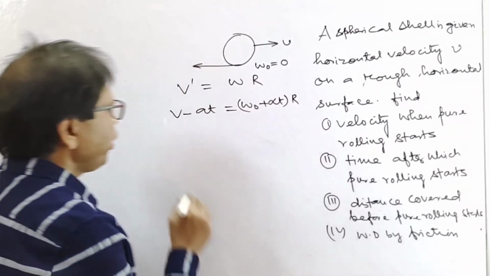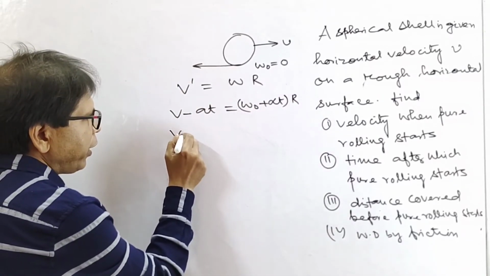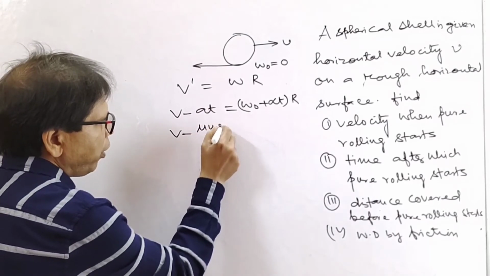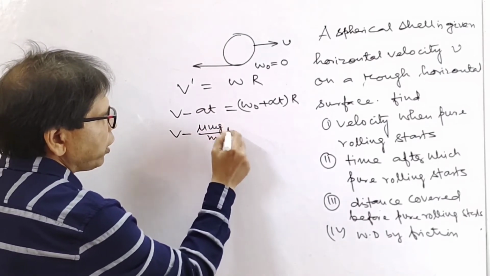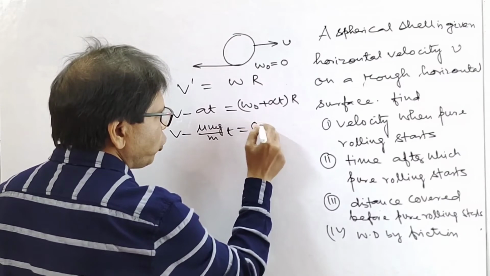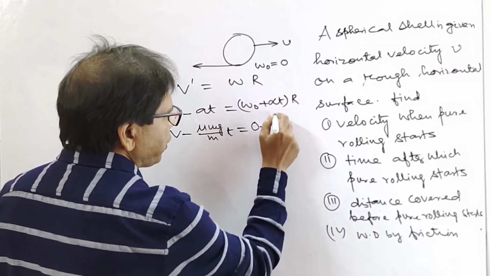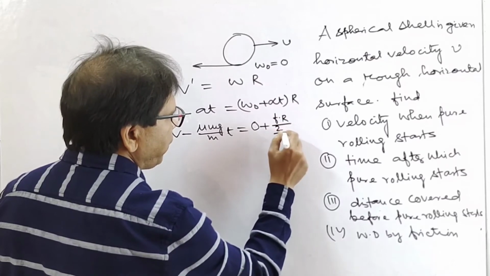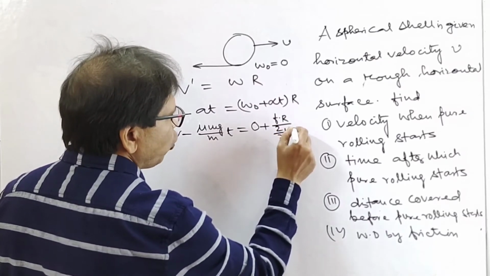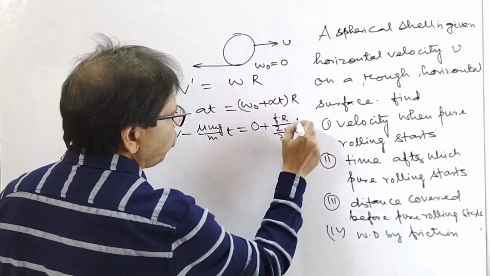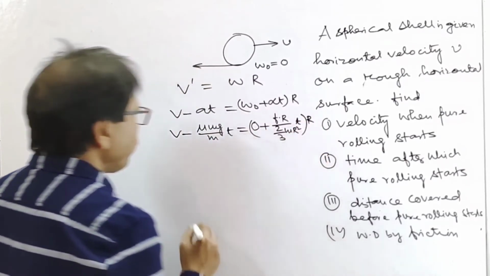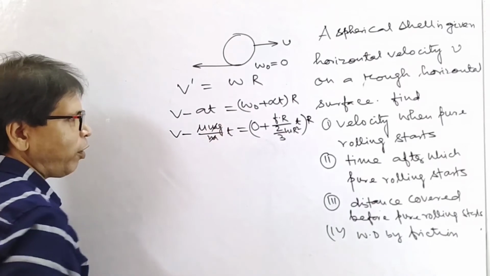Okay, now here F equal to force of friction mu mg by m into t. Here omega naught equal to 0. Now tau is the force of friction into r divided by moment of inertia of the spherical shell, 2 by 3 mr square, into t whole divided by r. Okay, look at this, here m cancels out.